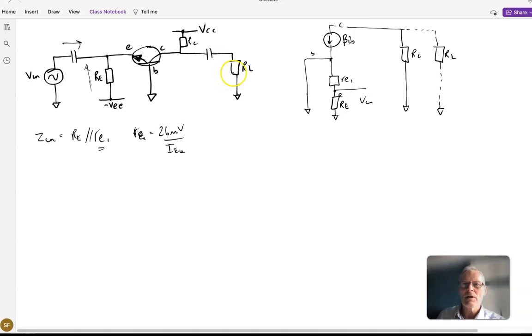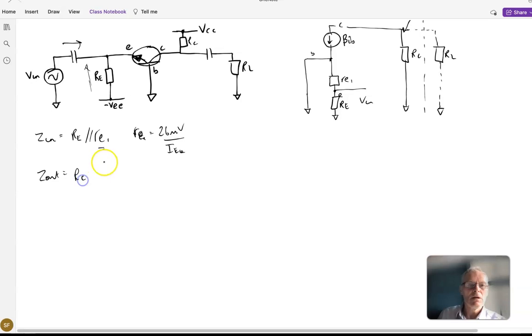In terms of Z out, we can see that the load sees this RC resistor.